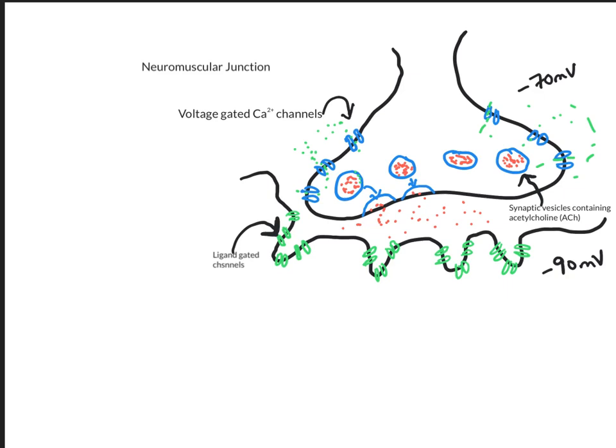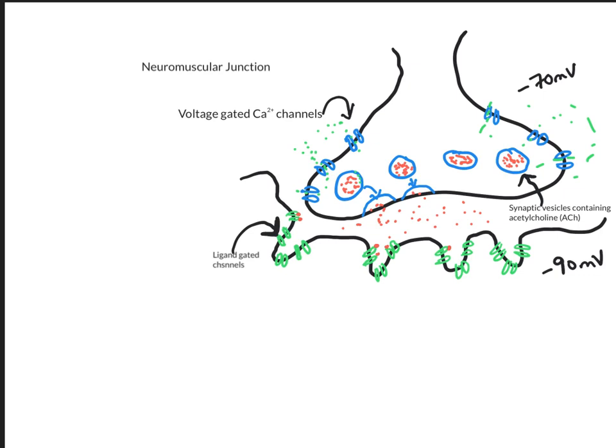In the neuron, we saw a voltage change to allow calcium in. In this case, these ligand-gated channels are going to respond to acetylcholine binding. So acetylcholine, now that it's in the synaptic cleft, can bind to these ion channels, and the binding of the acetylcholine is going to open up these ligand-gated channels.